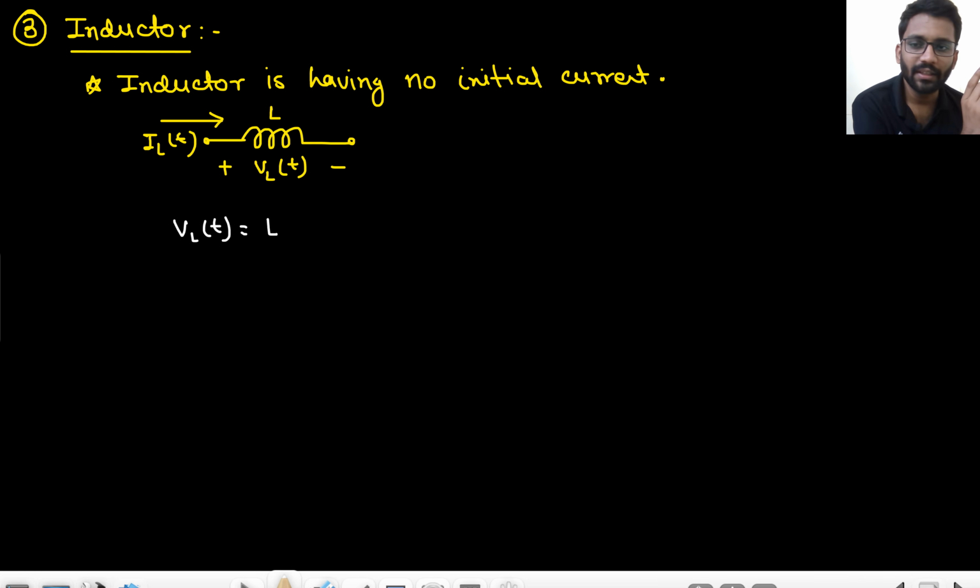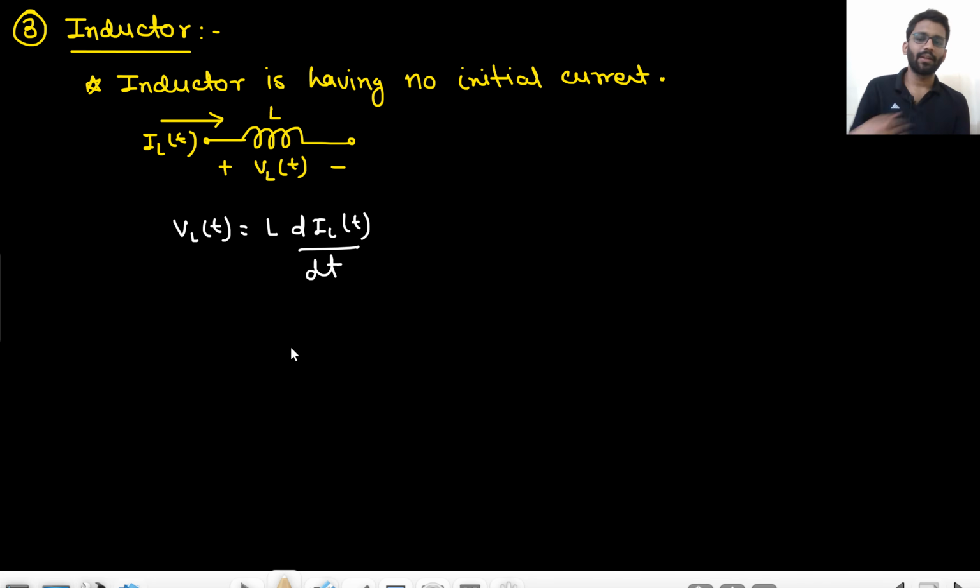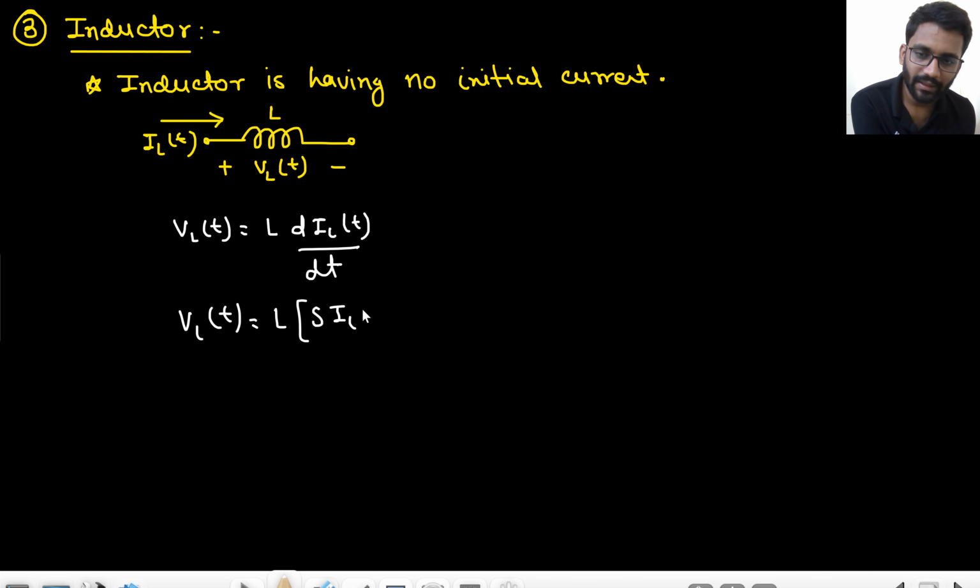So vL(t) is L times diL(t) by dt. In the Laplace domain, VL(s) is L S IL(s) minus the initial current.